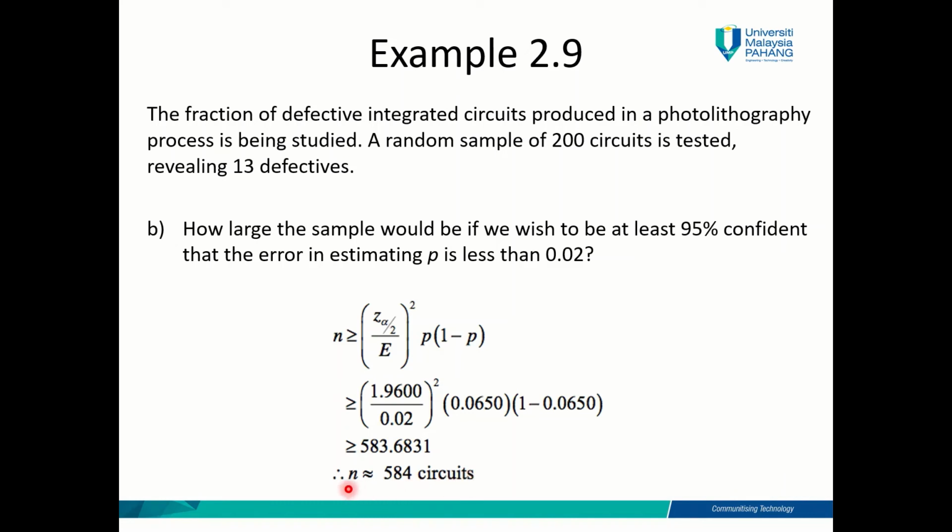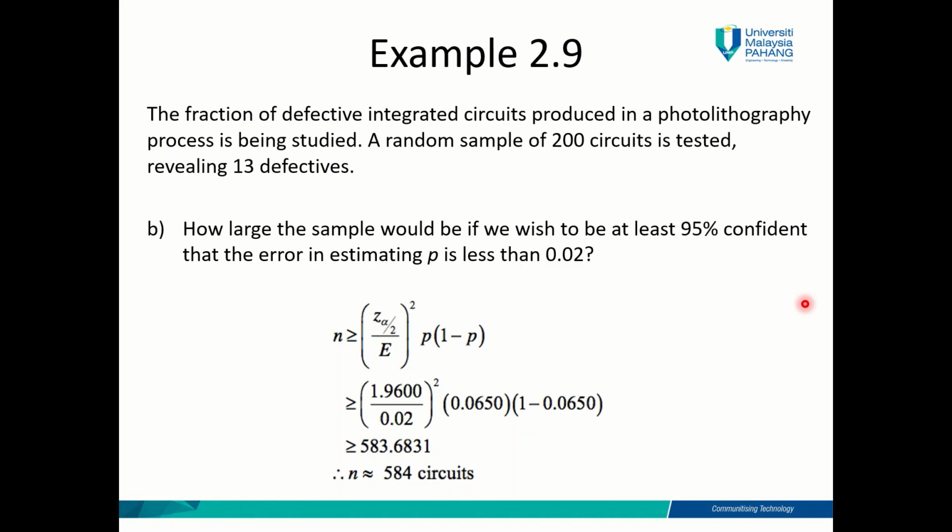Which means that if they consider 584 circuits instead of just 200 circuits, the estimation error made will be smaller. Their estimation will be better if they collect data using 584 samples instead of just 200. So this is how you answer question B.